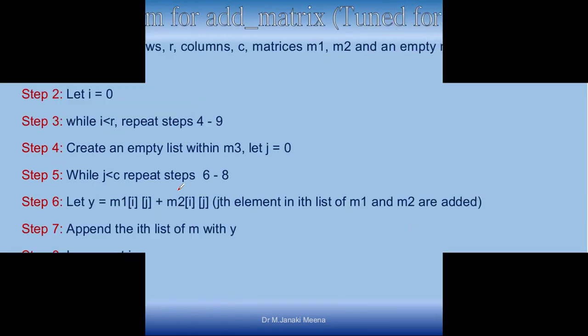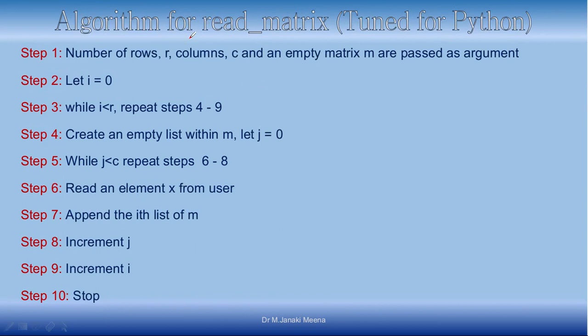So when you look at the read matrix function, we know that it will get the number of rows, number of columns, and an empty matrix as arguments, right? And we are going to repeat the loop. This is for the number of rows and this is for the number of columns. For each row, you have to create an empty list within m. Okay, m is the matrix.